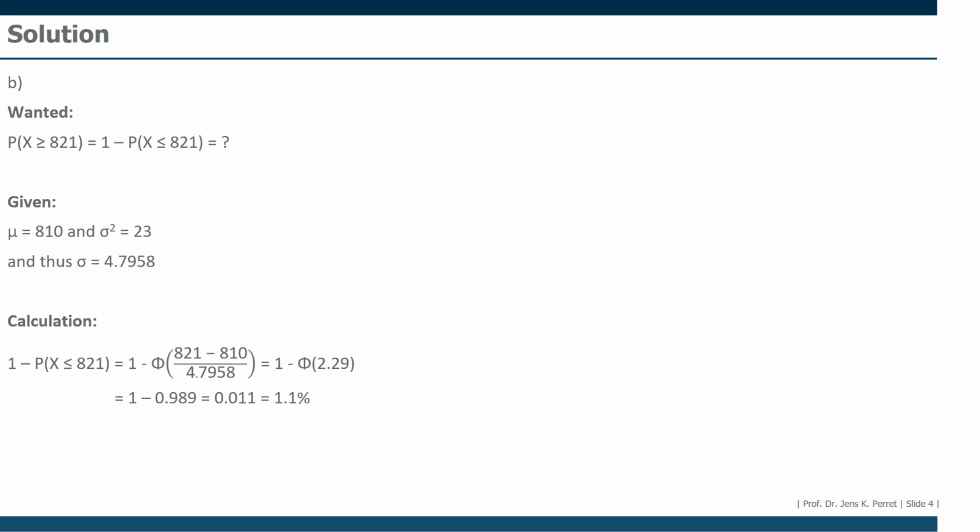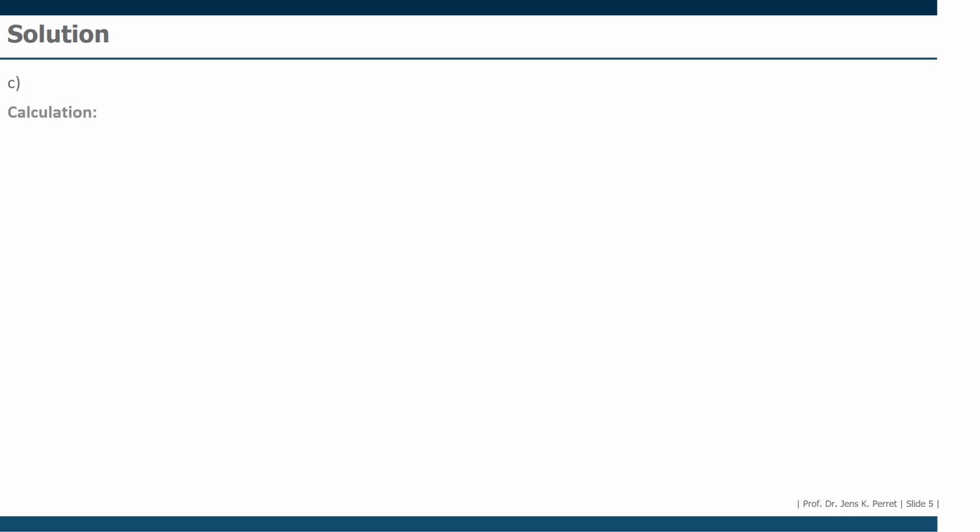So let's go ahead with part 3, with part C. In C, we have, on the one hand, a probability which we need. That's how many of our cans do not fulfill the filling quantity. So first off, we need the probability of not fulfilling the filling quantity.